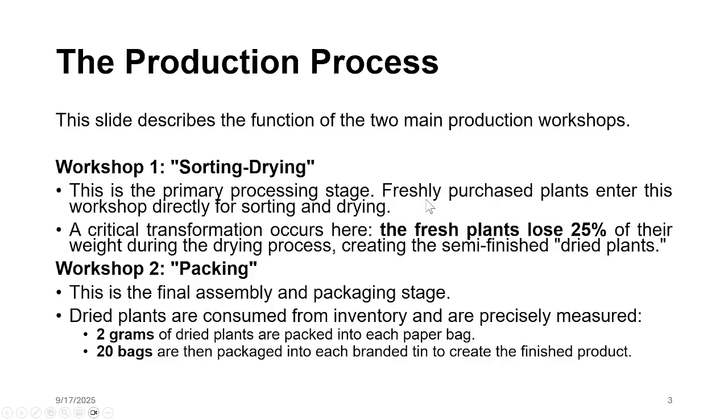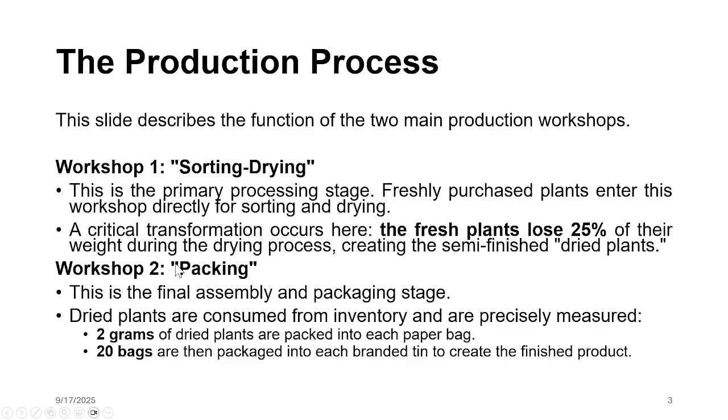At this stage, the freshly purchased plants enter the workshop directly for sorting and drying. It's very important to note that the fresh plants lose 25% of their weight during the drying process, creating a semi-finished product. We call this a dry plant.